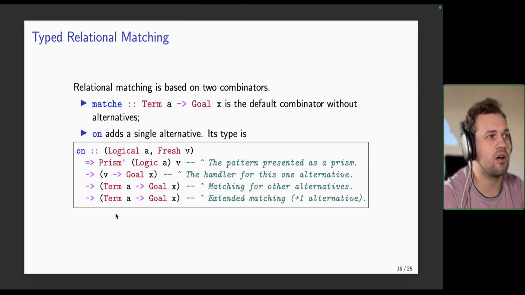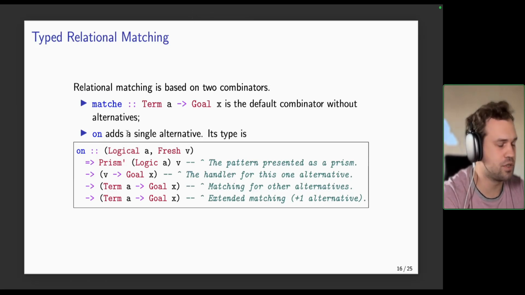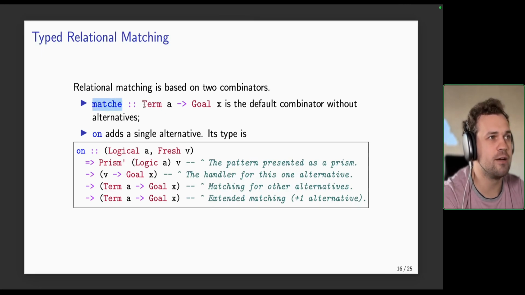And then to enable relational matching, we specify matchE that takes a term and tries to pattern match on it. And by default, matchE doesn't have any alternatives.